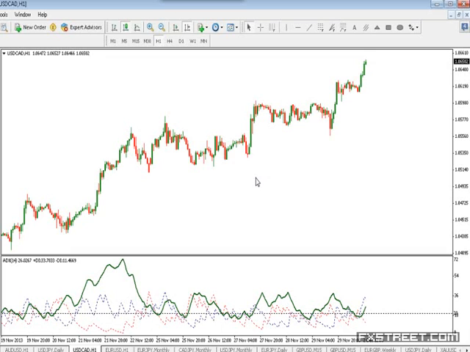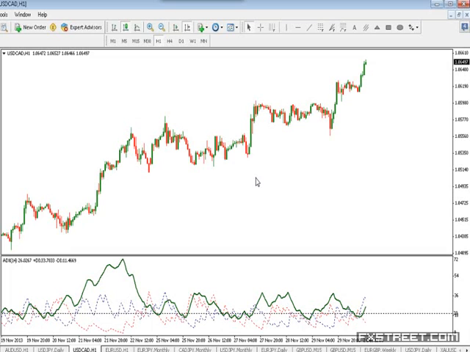Right? Remember, if your red line starts moving up, your downtrend is expected to stop. So your opposite line is much, much more important than the current line, the trend line that you're looking at.